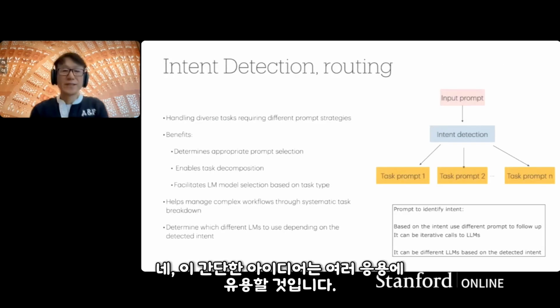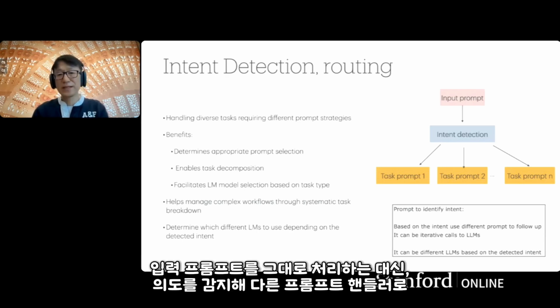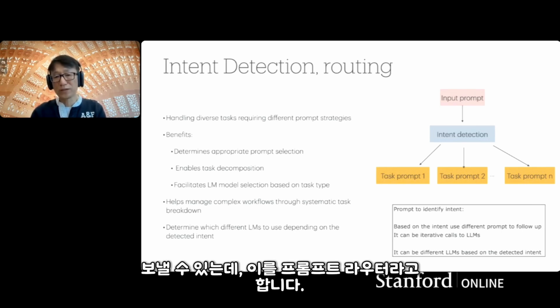All right, this is a simple idea, but it will be helpful for many applications. Instead of taking your input prompt as is and processing it, you may have some software or model that detects the intention and then sends it to different prompt handlers. This is also known as a prompt router.